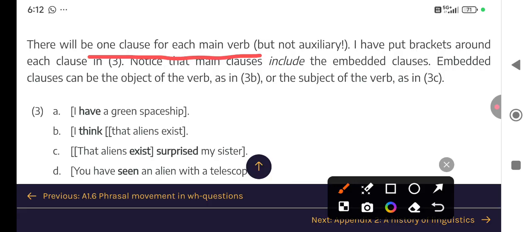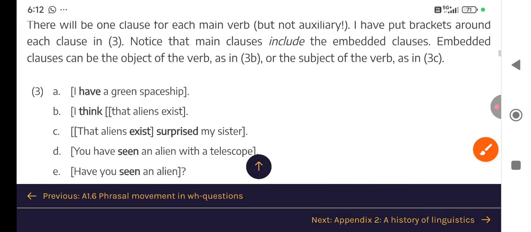So here what he is saying, I have put brackets around each clause in 3, and he is saying, notice that the main clause includes the embedded clause, meaning attached clause. So one main clause, and others are attached clauses, right?